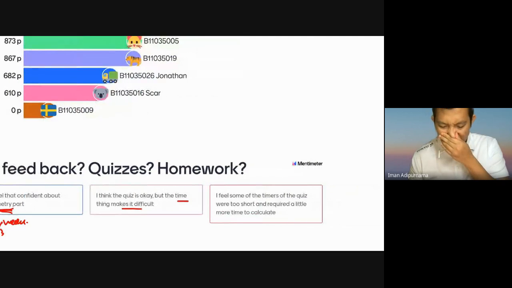I feel some of the quiz timers were too short, so I will extend the time. The quiz will still have a timer, but I will extend it so you have more time to calculate. I cannot remove the timer because I need to make sure you are focused only on your quiz.